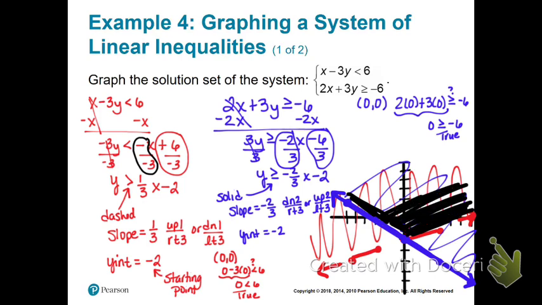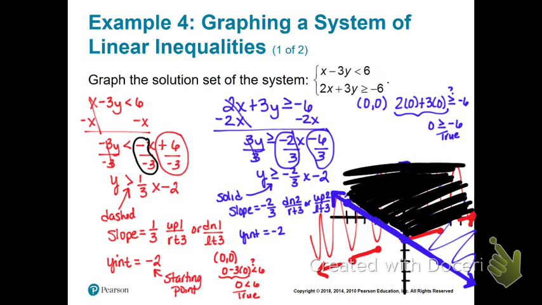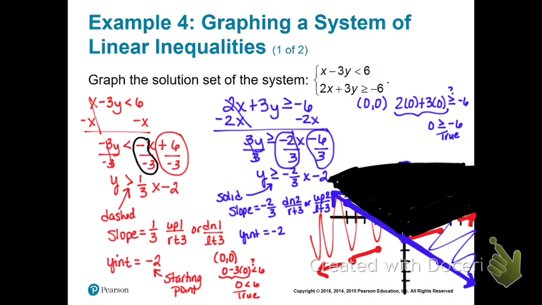So this is the solution for this system. Now you can go crazy with your shading there. You're welcome to use different colors if you want to, and help you keep it organized. But there's our solution.